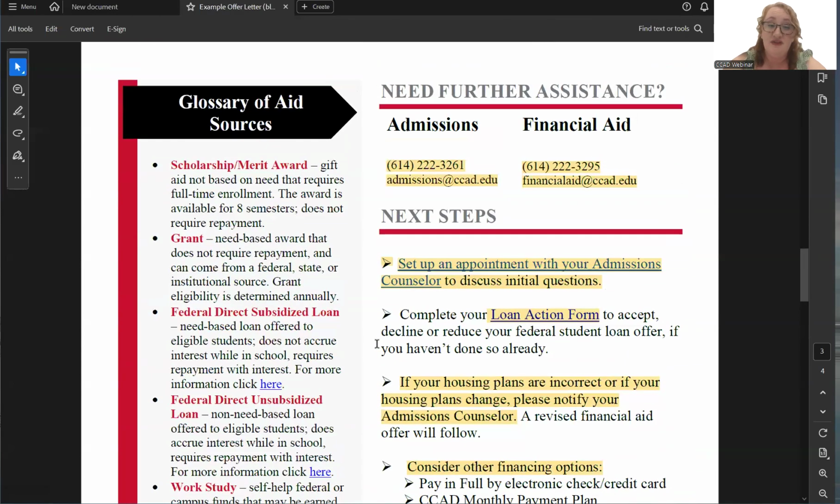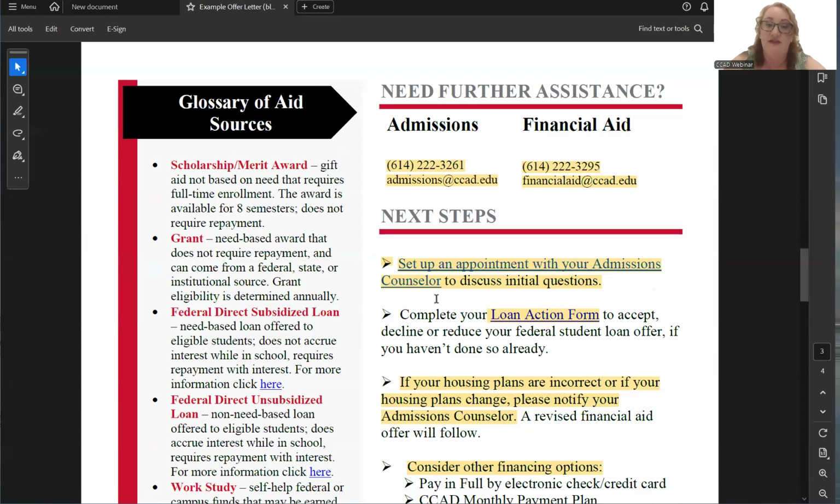Now, when it comes to this letter, we are happy to go over this as many times as you need. We understand that a few of these things can be a little confusing, so please don't hesitate to reach out with any questions. However, when it comes to the things that I'm about to talk about, like loans, different financing options, stuff like that, our financial aid team is actually the ones you're going to want to talk to, and they can walk through a lot of these processes for you.